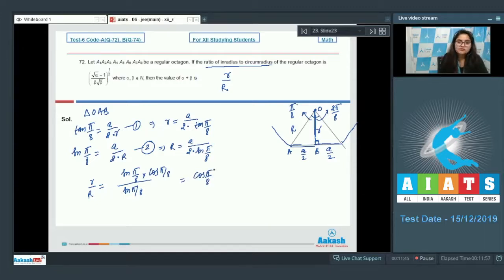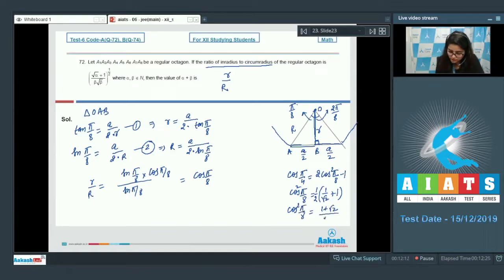So we have to find out the value of cos pi by 8. We know cos pi by 4 is equal to 2 cos square pi by 8 minus 1. Cos pi by 4 is 1 by root 2, so cos square pi by 8 is (1 by root 2 plus 1) divided by 2. So cos square pi by 8 is equal to (1 plus root 2) divided by 2 root 2.